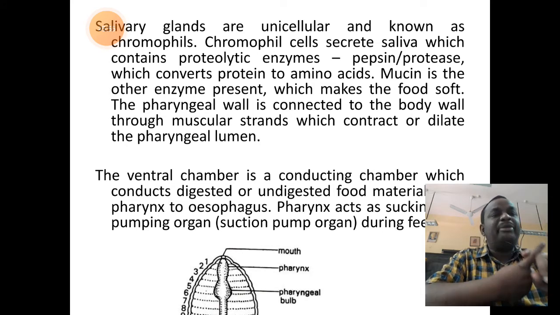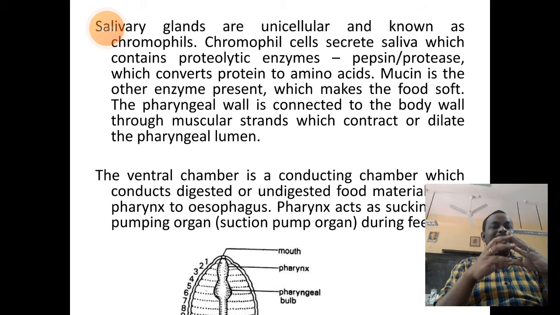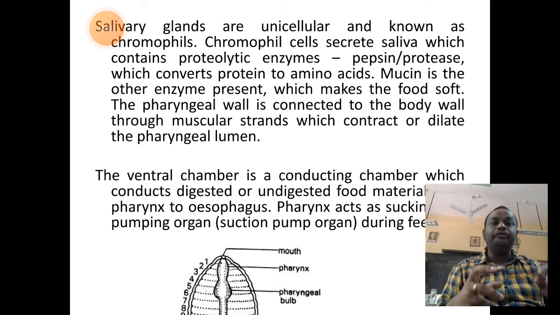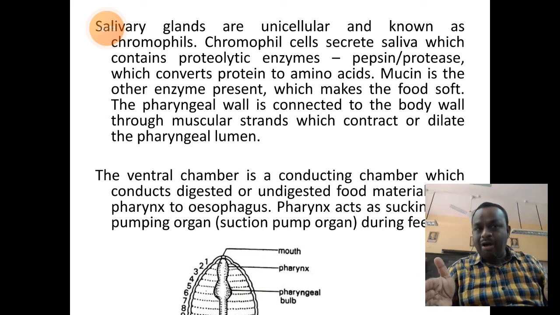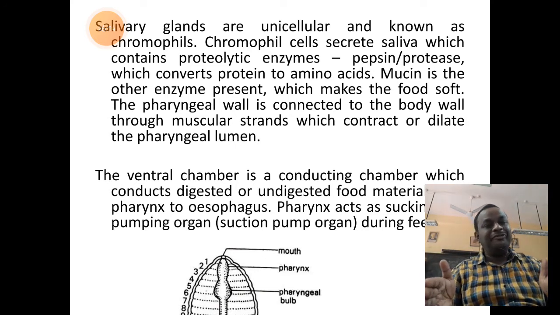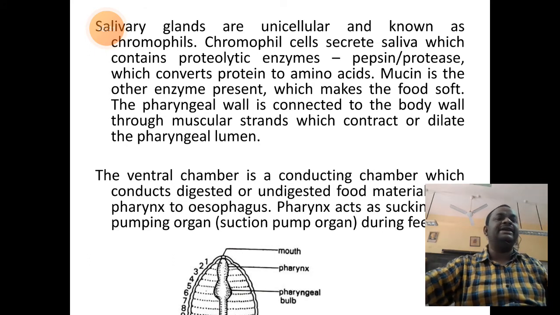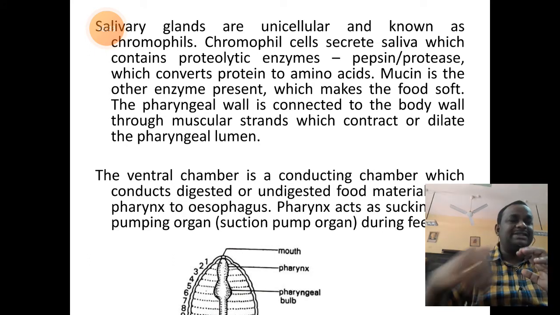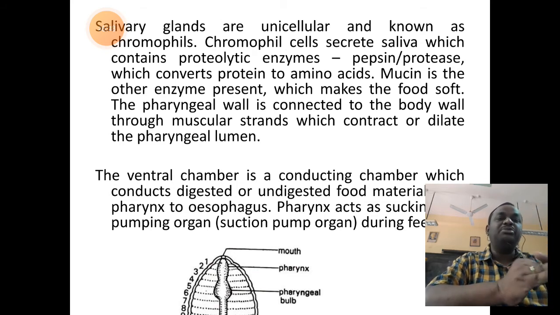The second important compound is mucin. Mucin is the compound responsible for bringing the slimy nature to the food and making the food very soft. So, breakdown of proteins and making the food soft are both brought about by the components present in the saliva, which are proteolytic enzymes, proteases, and mucin.